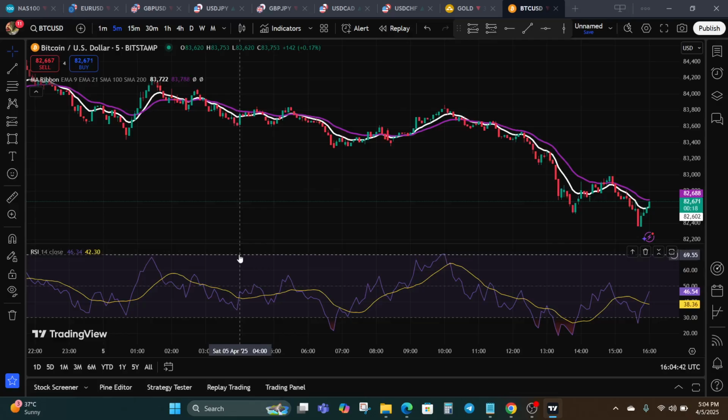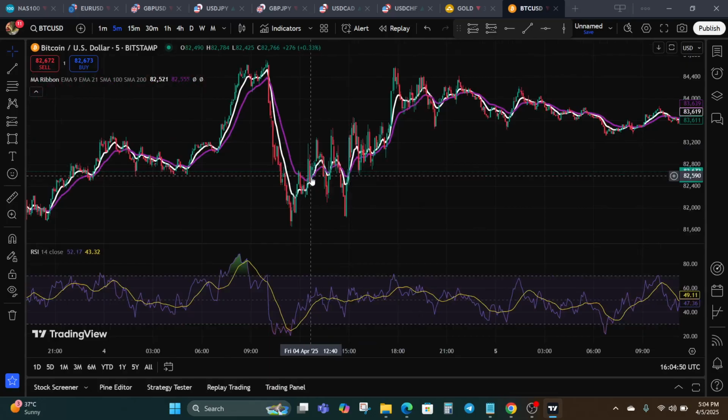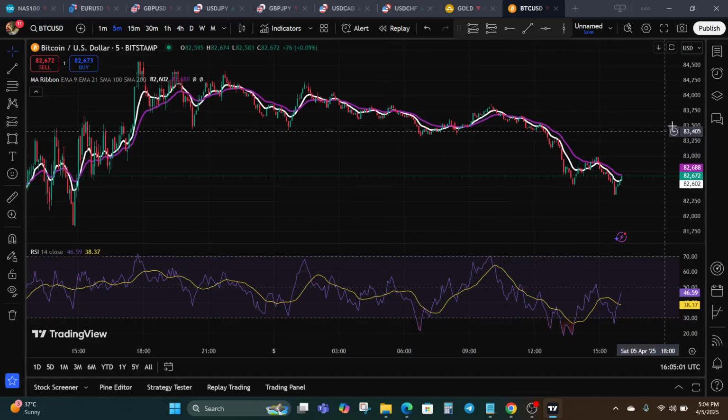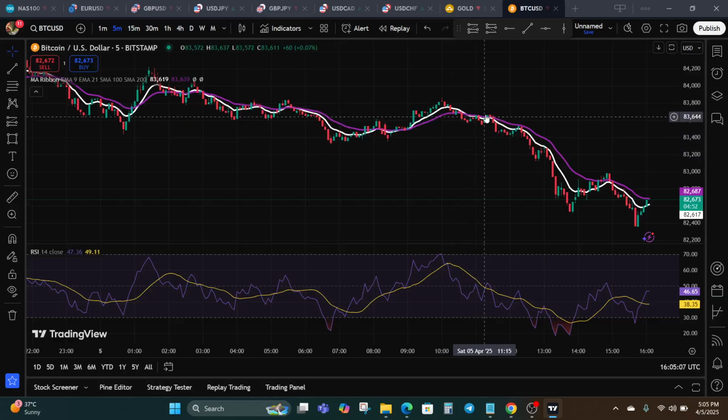These EMAs help identify the direction of the trend, and when the short term EMA, which is the 9 period EMA, crosses above the longer term EMA, which is the 21 period EMA, it signals a potential buying opportunity. Then when the short term EMA crosses below the longer term EMA, it's a sign to sell.